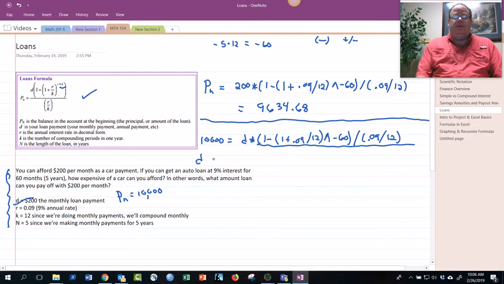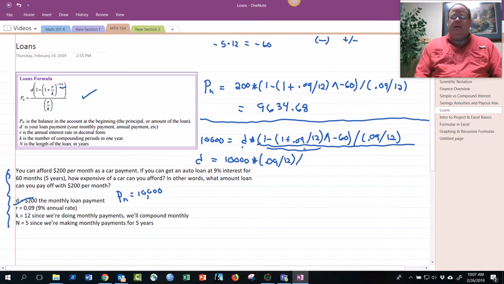Now in Excel, remember we have to start with an equal sign to get the thing started. 10,000. Now, this is a big fraction here. When you divide by a fraction, you multiply by the reciprocal. So we'll start out by multiplying by the denominator, 0.09 divided by 12.